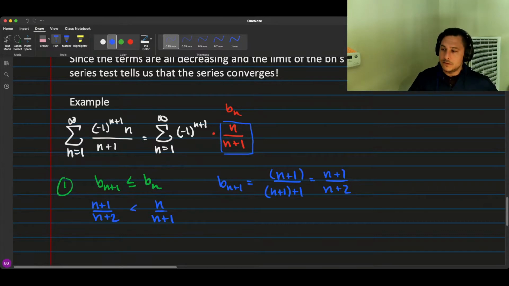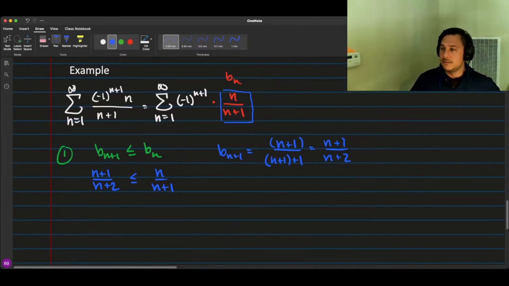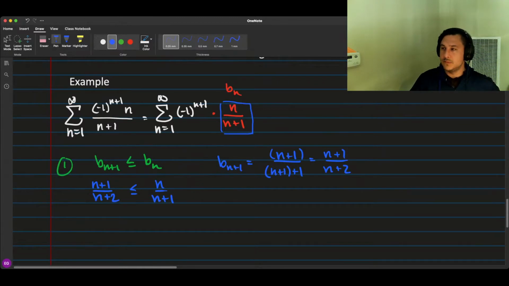Okay, so hopefully that's less than or equal to that. So how are we going to show that? Okay, so that one's a little tricky. It's a little tricky to show that the terms decrease. There's something better that you can do to end this.